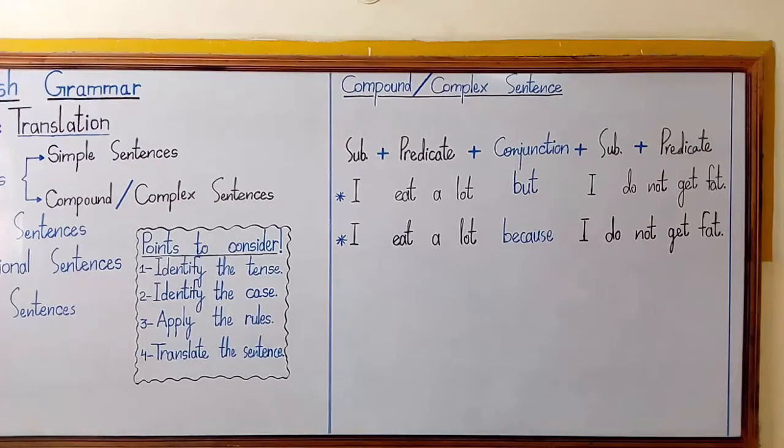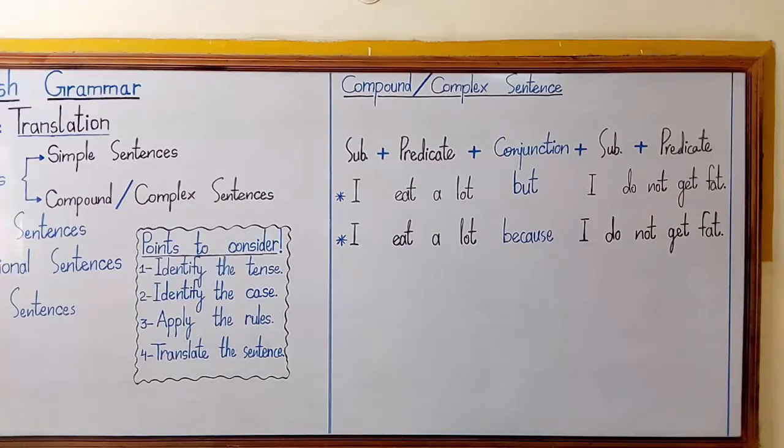I'm not going into the details of the difference between compound and complex sentences. I'll tell you later in some other lecture, not now, because you will get confused. Let's leave it right now, but I will tell you later, I promise.